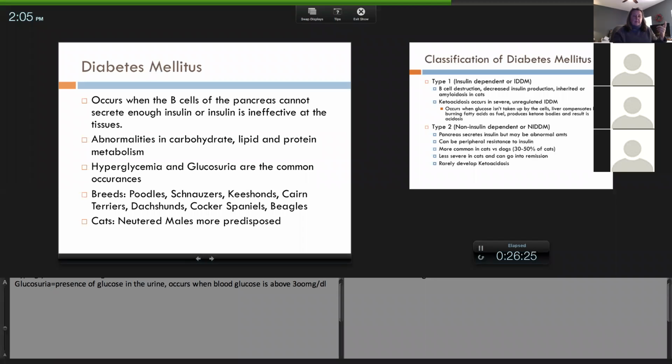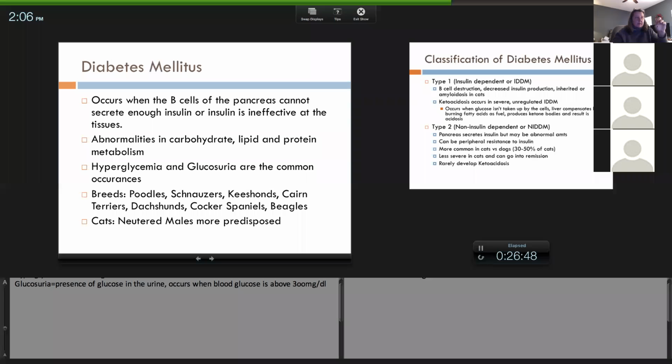Now, when we have an animal that's deficient, or insulin is ineffective in the tissues, sometimes it's because the pancreas isn't making or releasing insulin, or insulin is ineffective at the tissues. Either way, the insulin is not doing what it's supposed to do.